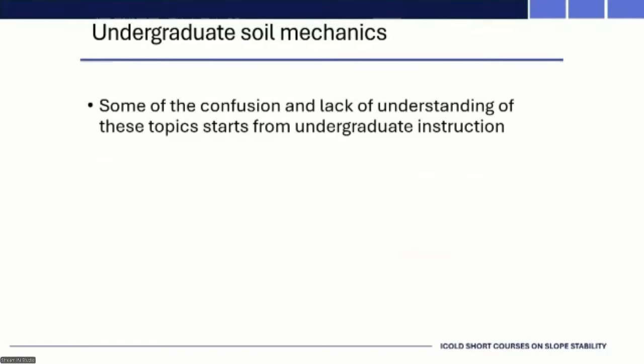So maybe we need to step back a bit and talk about the determination of the critical state line again. You've seen it a few times today, but it's probably not a bad thing. Again, I make this point, I think through necessity and the need to clarify what is a really difficult subject: at undergraduate soil mechanics, we distinguish between sands and clays, drained and undrained.